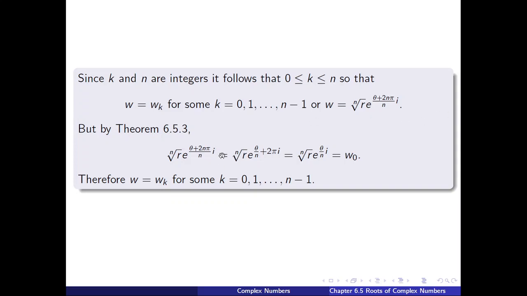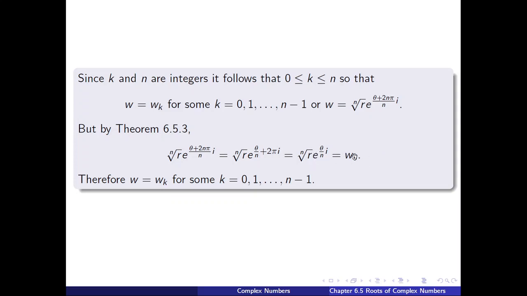if we rewrite this and divide by n, we get that plus 2 pi i. And the whole angle here is supposed to be multiplied by i. And then we know that we can remove the 2 pi. It doesn't matter in this case, so therefore we are left with that. But that is just w_0. If we look at w_0, that will be the way it looks.